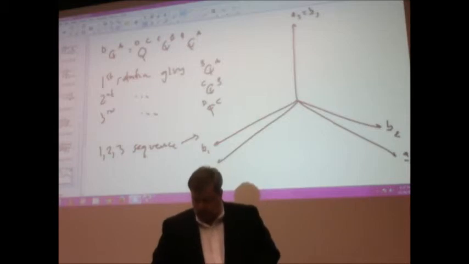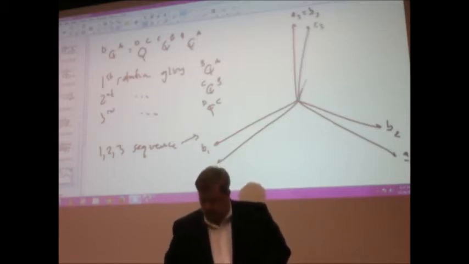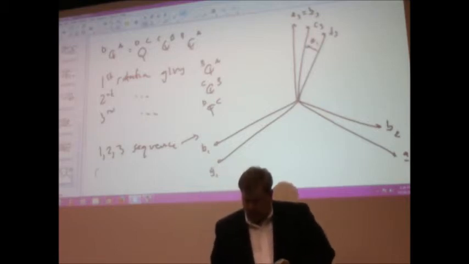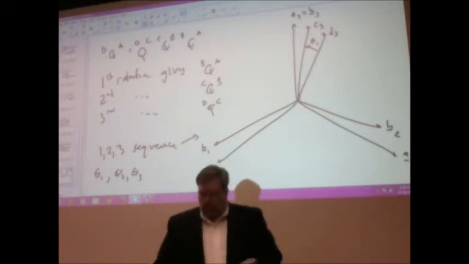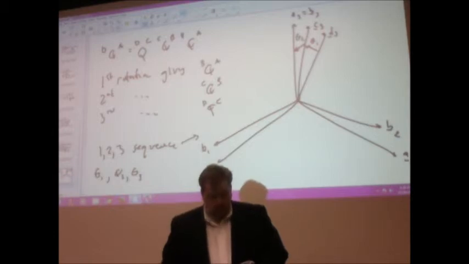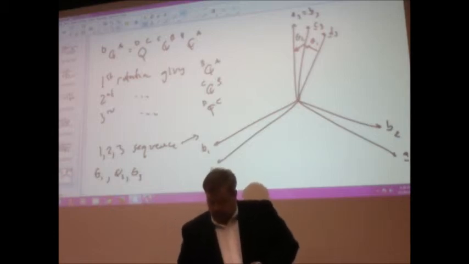Okay, another one involves the C axis. So here's C3. So we'll call these thetas, okay? The Euler angle is going to be theta 1, theta 2, theta 3. Theta 1 takes us from D into C. Theta 2 takes us from C to B. And there's another one over here.